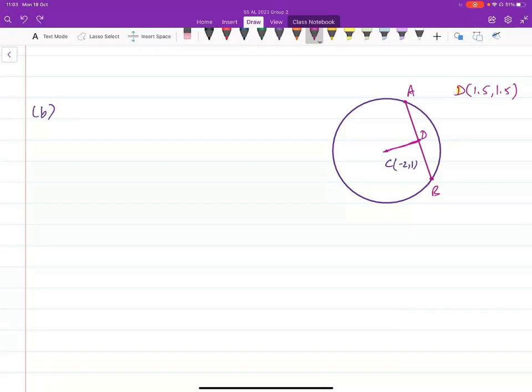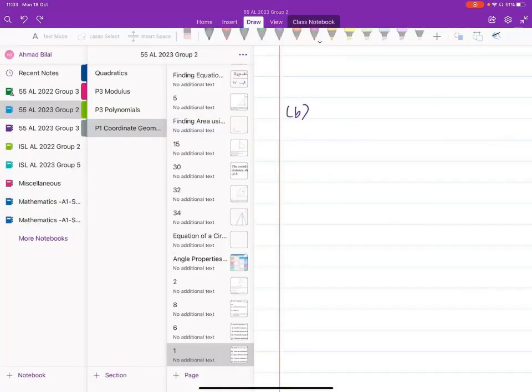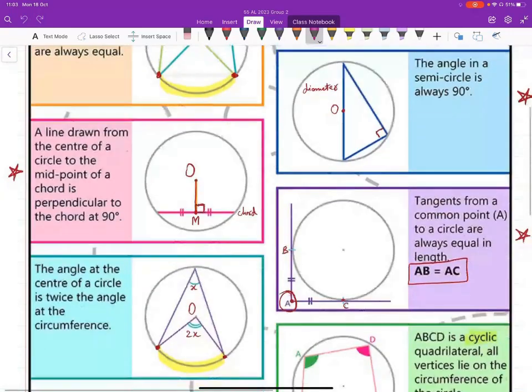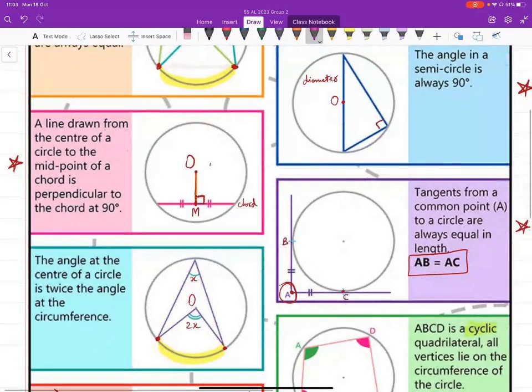You're almost right, but just used the wrong word there. It's not the radius, but remember, we did this property. A line coming from the center. It's not radius, but it's a line coming from the center. If it cuts a chord at the midpoint, you're looking at this property here. If it cuts a chord at the midpoint, the angle that it makes with the chord is 90 degrees, right?